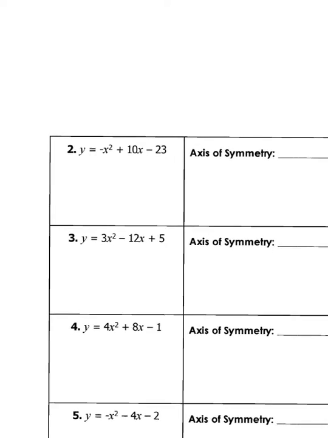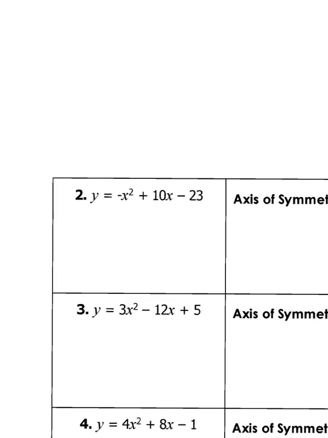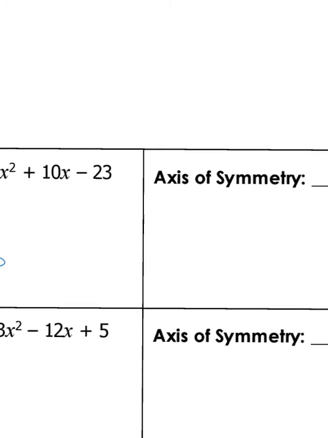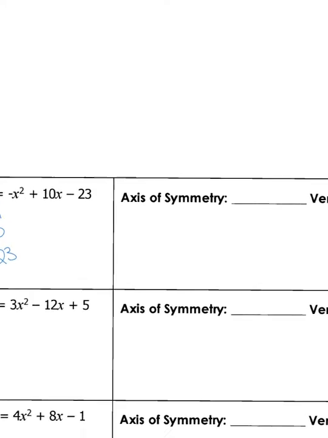All right, so again, for number 2, I'm going to list out my a, b, c values. So I've got a equals negative 1, b equals 10, c equals negative 23. I need to find my axis of symmetry first.